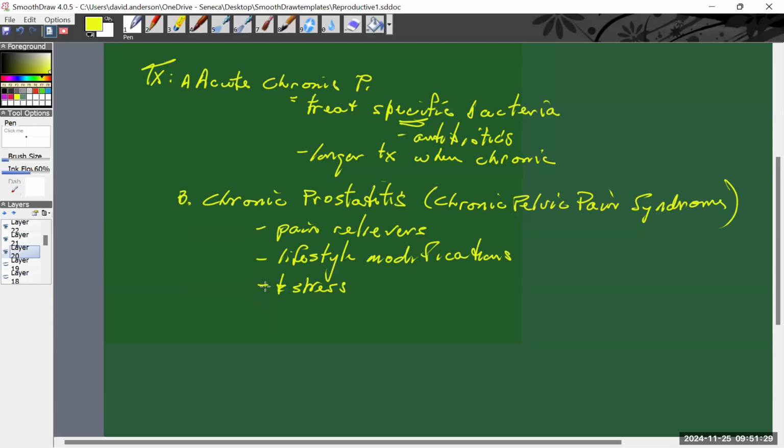So that's where the alpha blockers can play a role in that respect. So doctors can also suggest some anti-inflammatory medications and so on. So those are pain relievers.